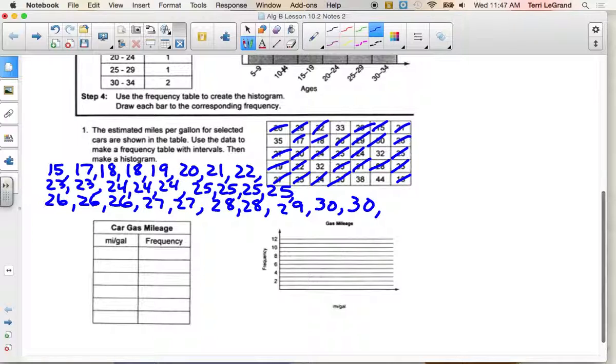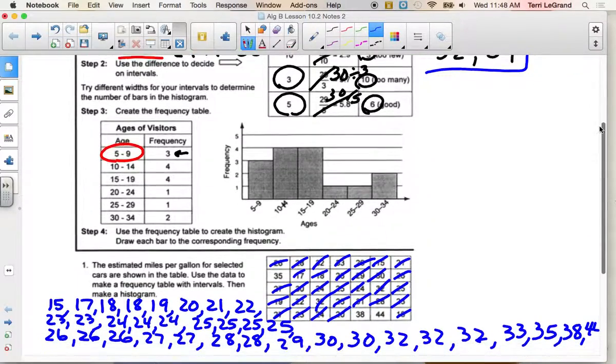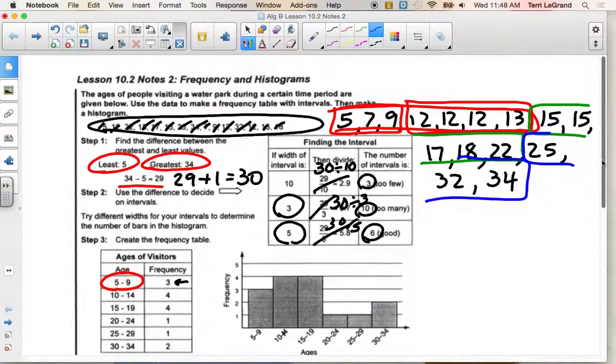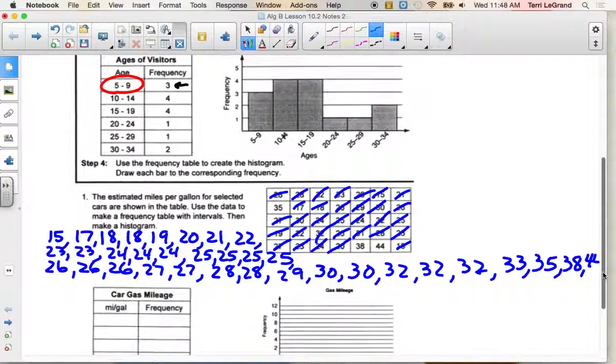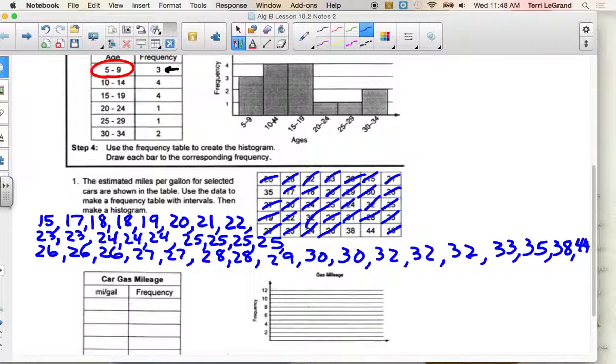Three 32s. Yeah, there is 3 now. 3 32s? Yeah, 32s are ours.